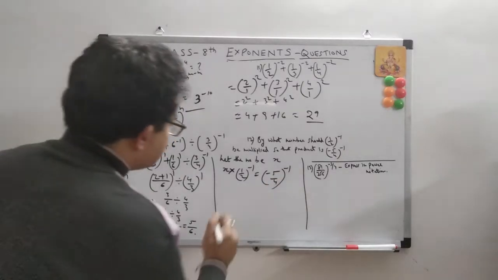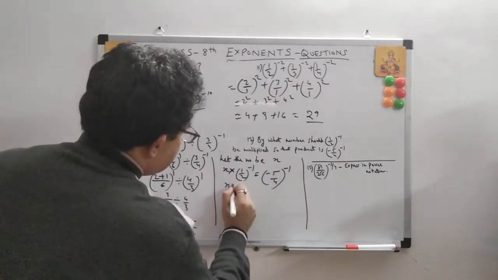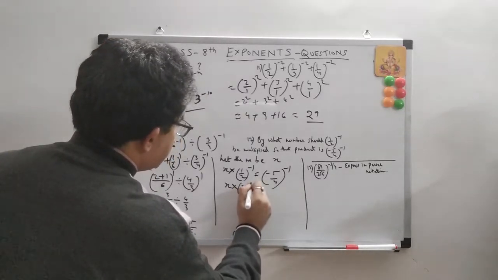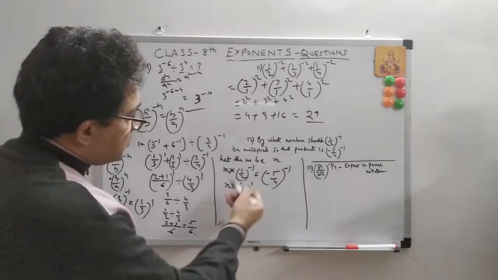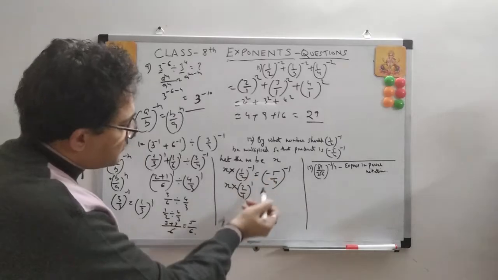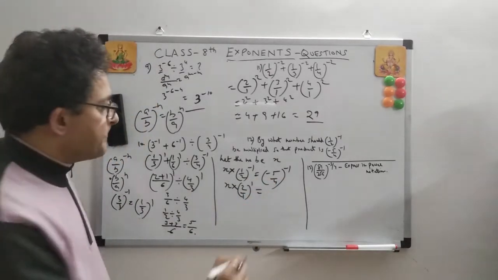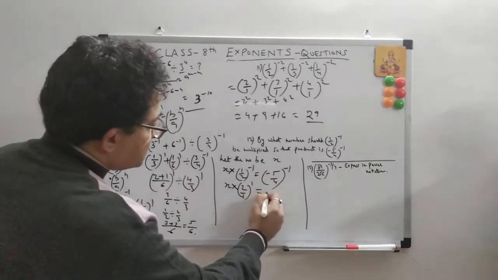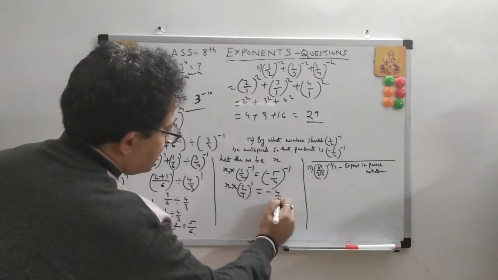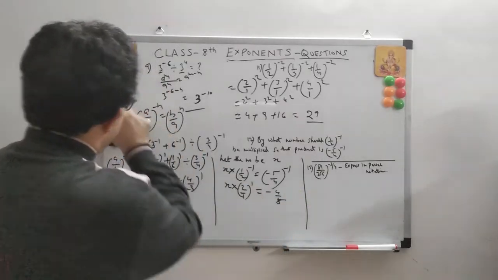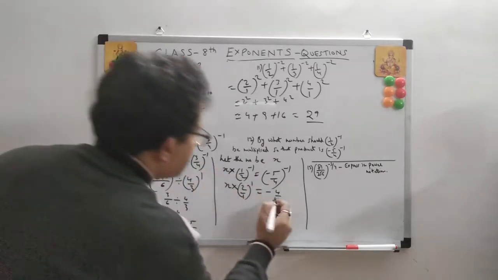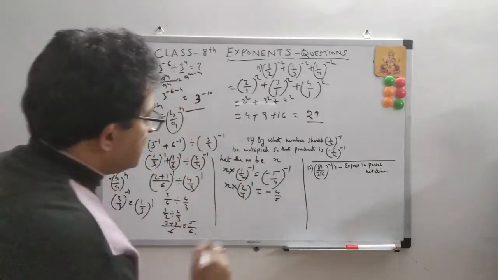So can I write this as x into 2 by 1 to the power 1, right? Now because I changed the order, from negative it becomes positive, is equal to same way I can write this. You see the sign will remain same, but this will become 4 by 5 to the power 1, which is 4 by 5 only, right?